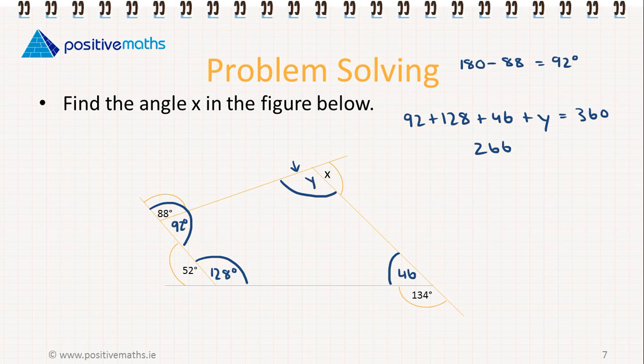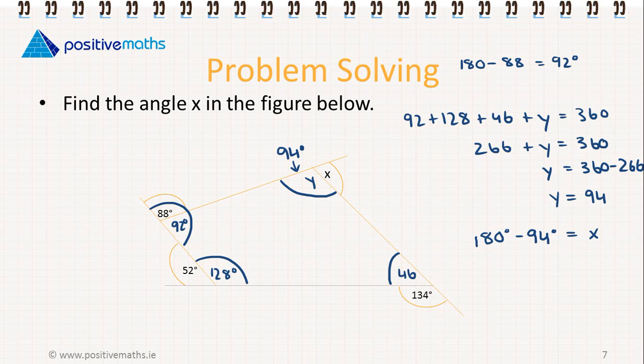For the next line we have 266 plus y is equal to 360. So y is equal to 360 minus 266. y is therefore equal to 94 degrees. Now we can use that angle to find x. 180 minus 94 degrees will give us x. So x is equal to 86 degrees.